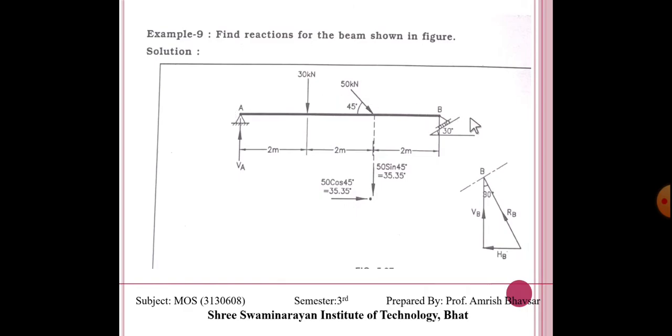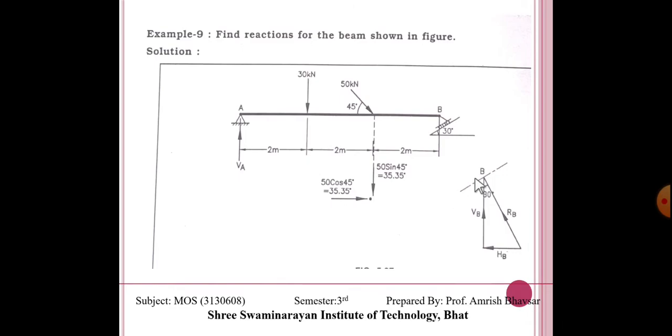Now another most important case. Here we have support B as inclined support. So due to this inclination, we will get the inclined reaction because reaction is always perpendicular to the plane. So here RB is inclined, but whenever we consider equilibrium, then sigma H and sigma V both are 0.